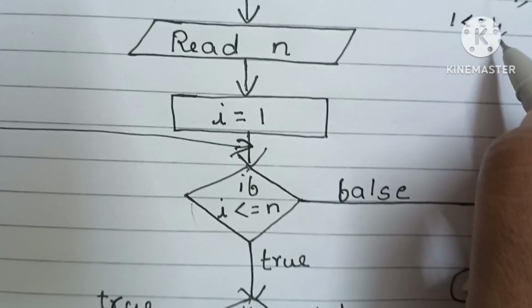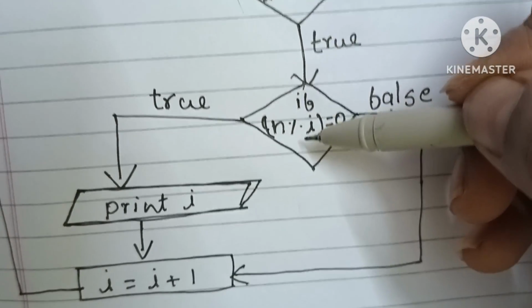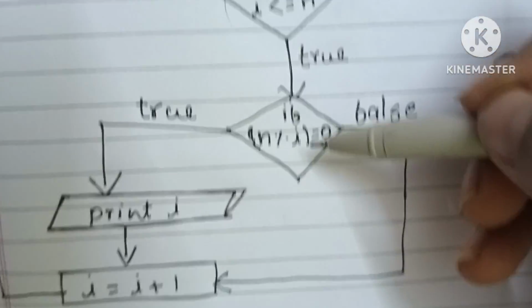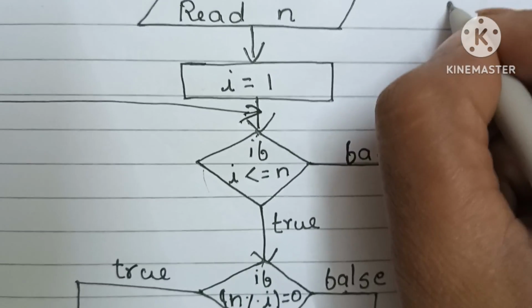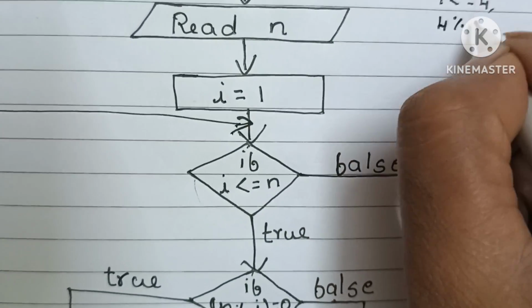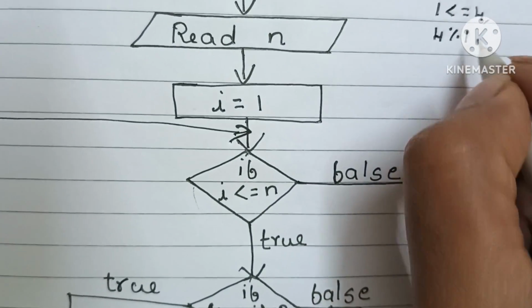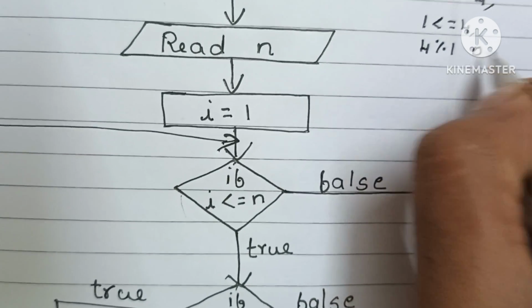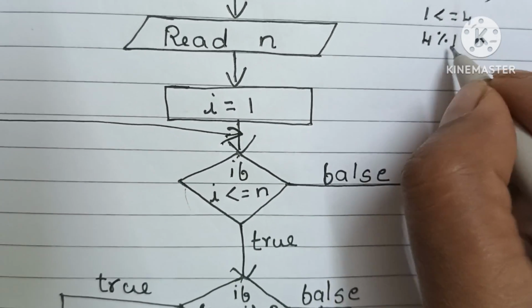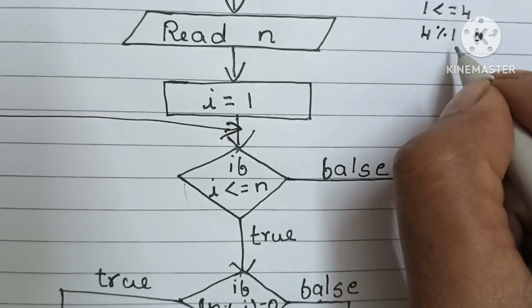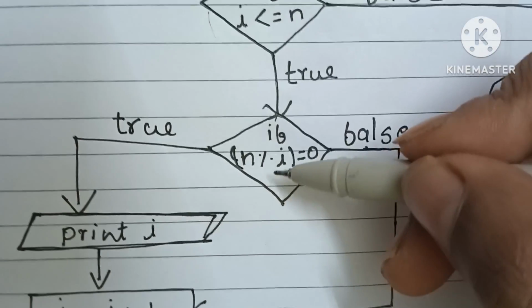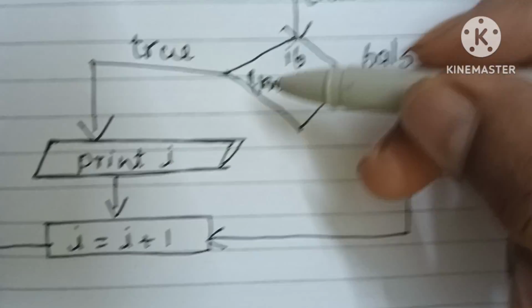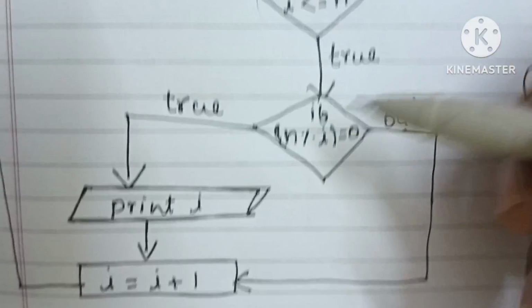Then it will execute n modulo I, 4 modulo 1. 4 divided by 1 gives 0 remainder, right? So 4 modulo 1 is equal to 0. So this condition is true. So it will print the value of I.